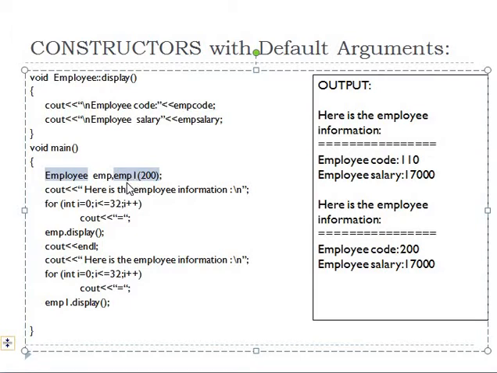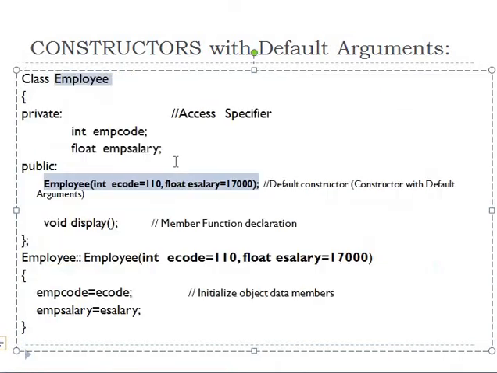Once the encapsulation has been done, automatically the compiler shall invoke this constructor by the name employee. The parameters eCode and eSalary have initial values of 110 and 17,000. Note that these are the default values for these parameters.